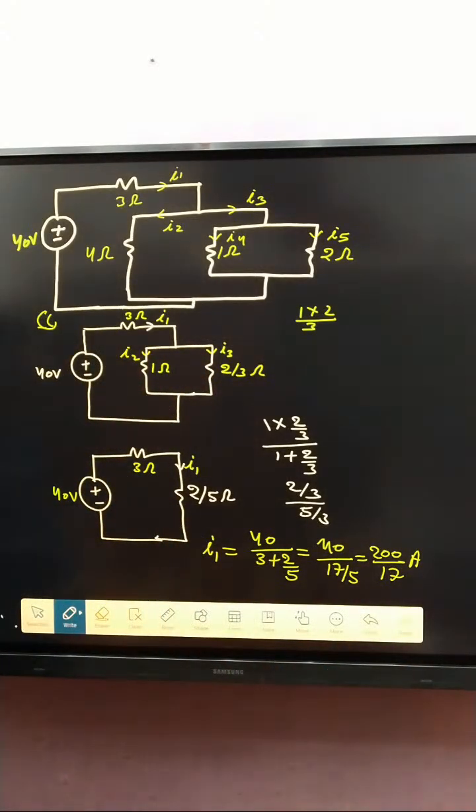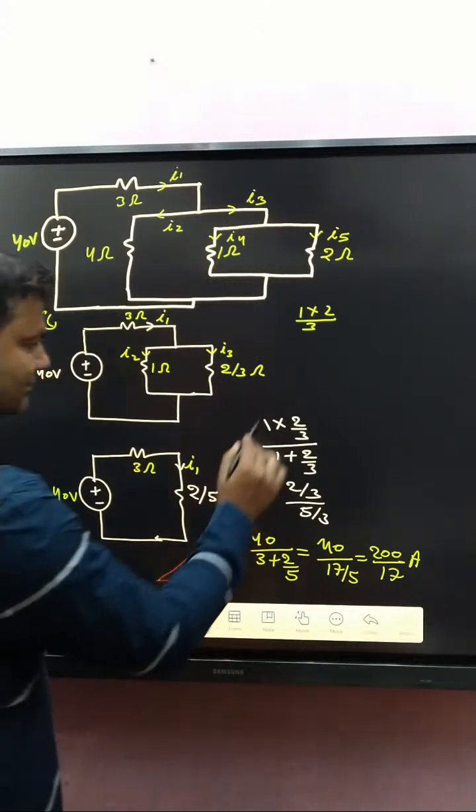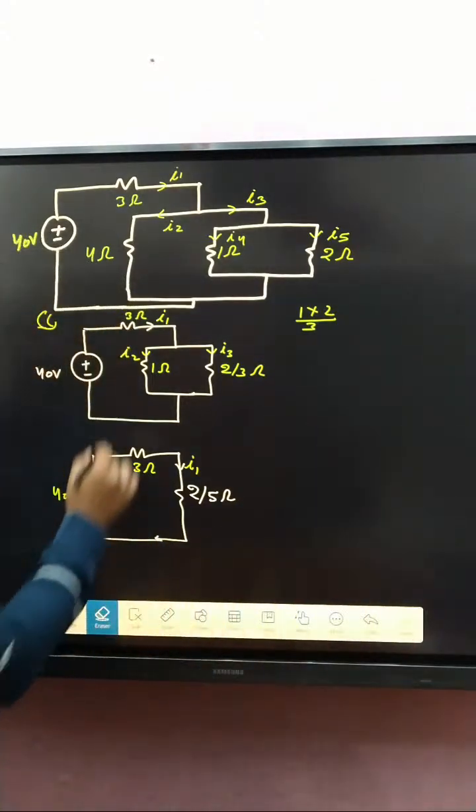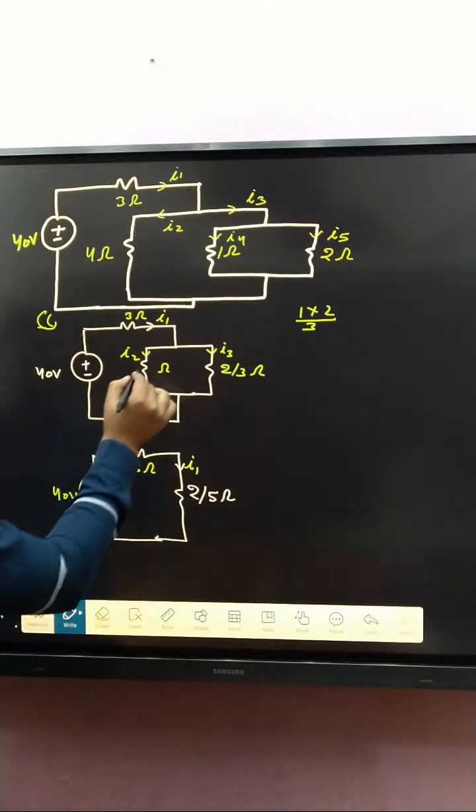I1 is 200 divided by 17 ampere. So first of all, recheck again whether I1 is right or wrong, otherwise a silly mistake here. That one is 4 ohm. That one is 4 ohm.